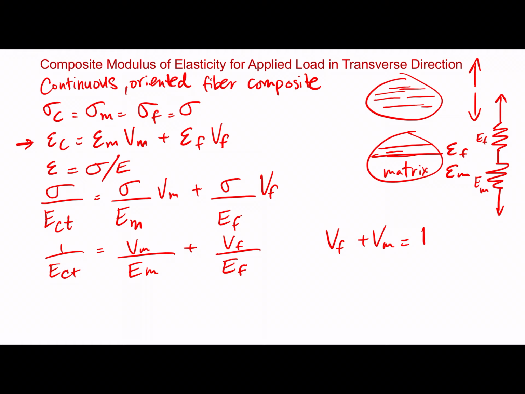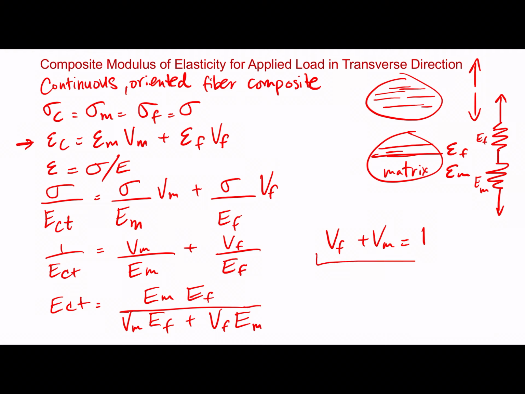Now we multiply through, we can get E sub CT is equal to EM and EF divided by the volume fraction of the matrix times EF plus volume fraction of the fiber times the modulus of elasticity of the matrix.